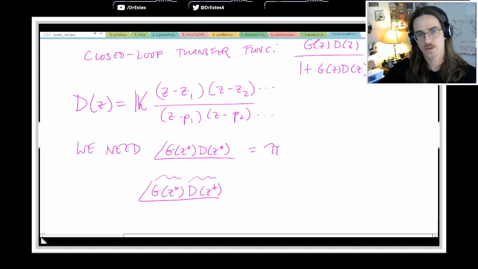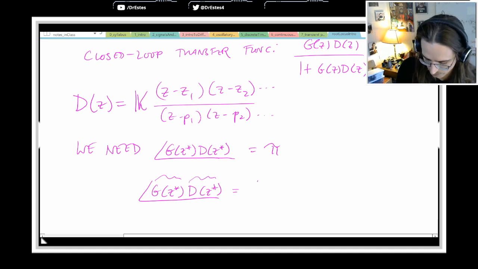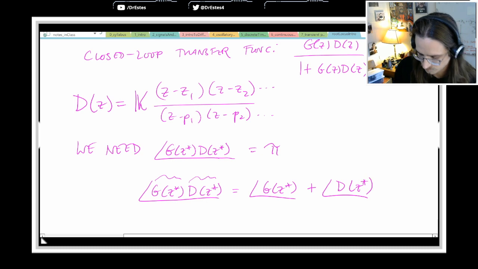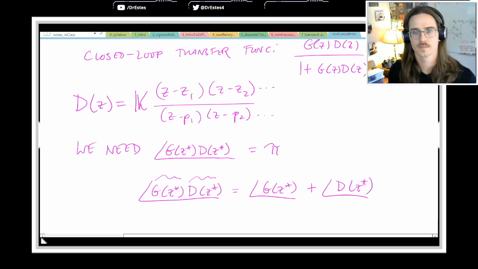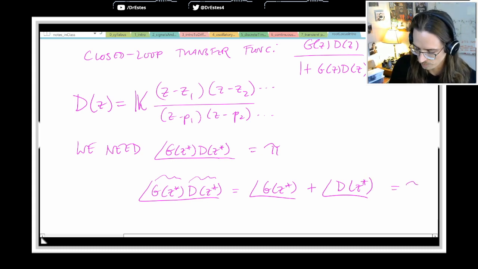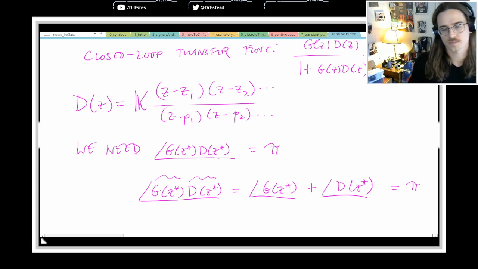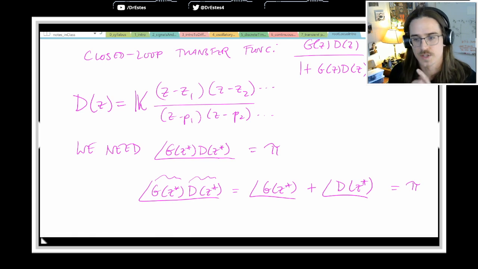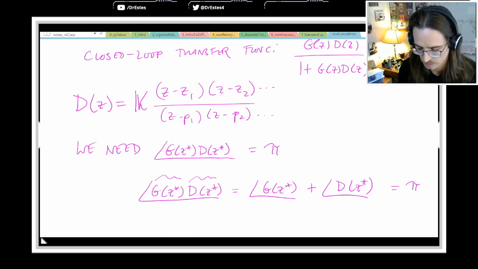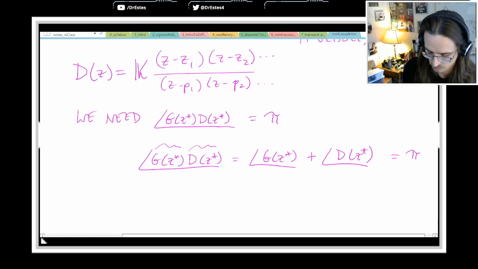If you take the phase angle of the product of those, it's the same as the phase angle of each of them taken independently and added together. And so we know this should add up to pi. So this gives us some information about our controller.